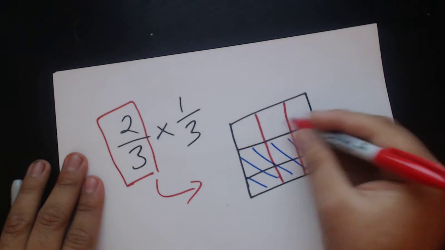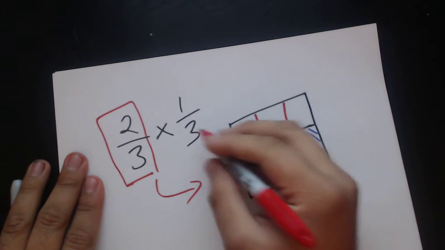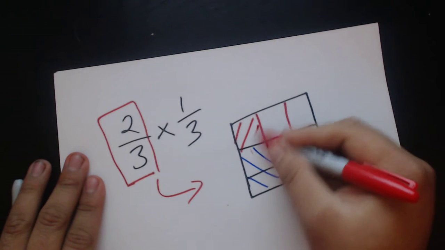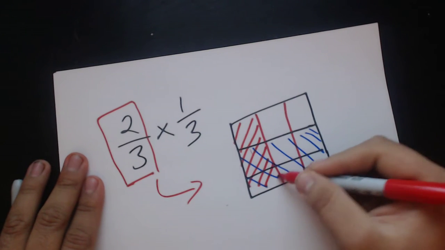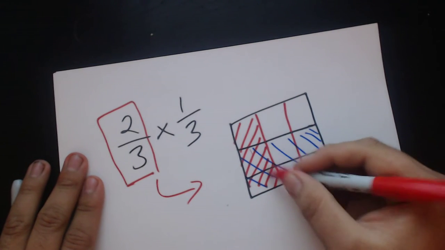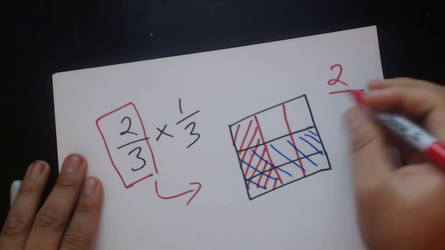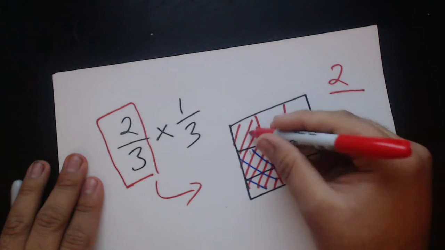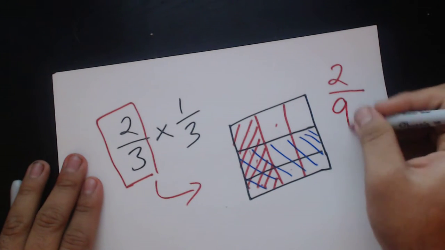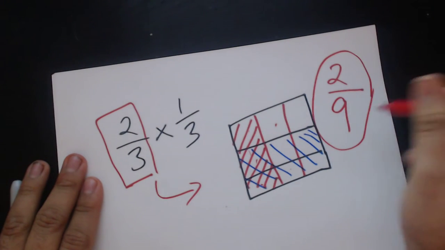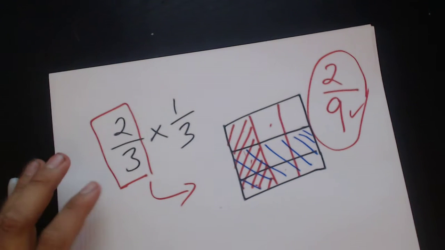That's 3 units going down. And I have 1/3 of those units. So now I see that my double shaded here, I have 2 over 1, 2, 3, 4, 5, 6, 7, 8, 9. 2 over 9 is our answer for this problem.